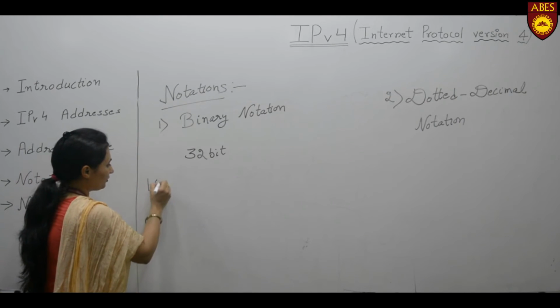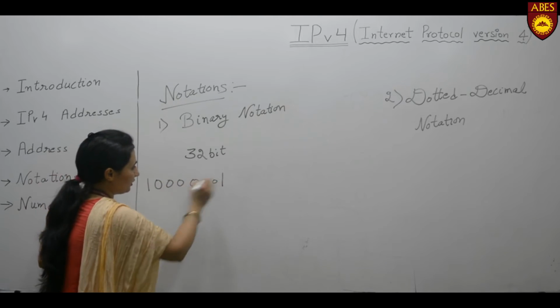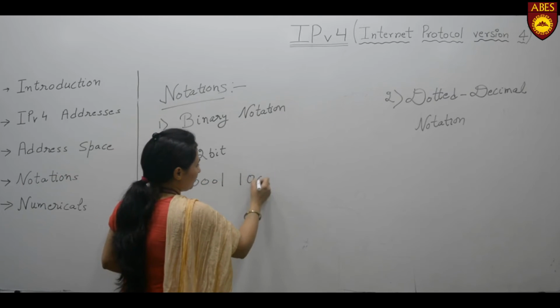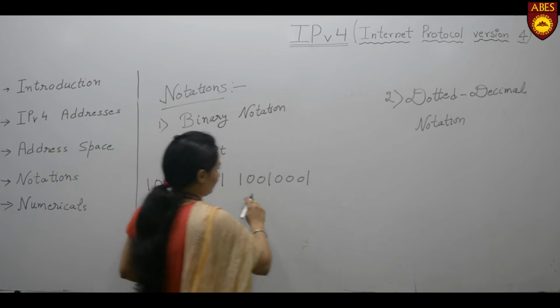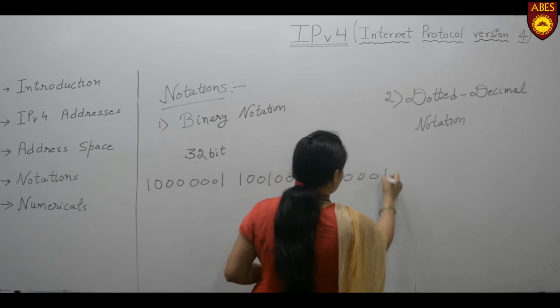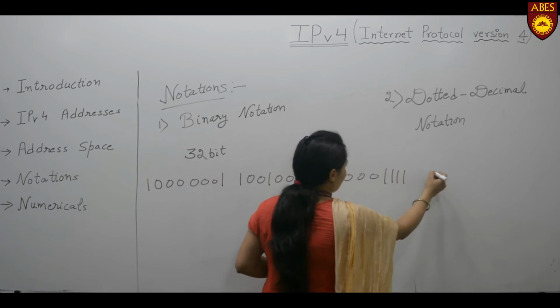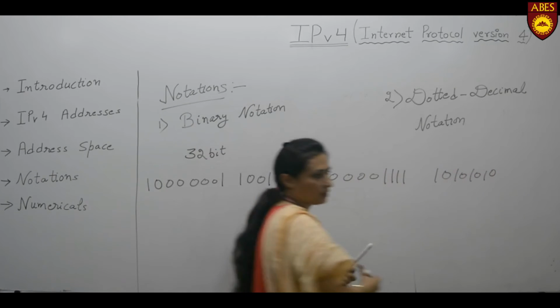For example, 1000 0001 1001 10001, 4 times 0, 4 times 1, 1010 1010.